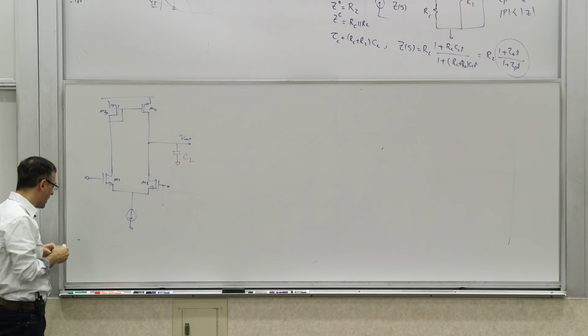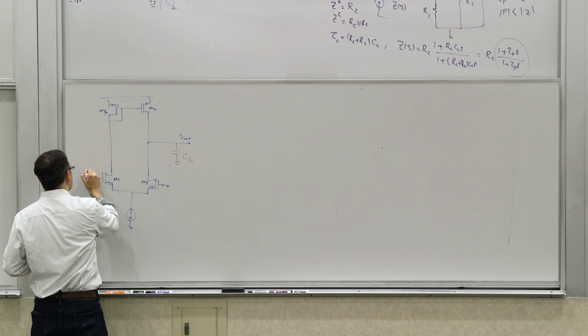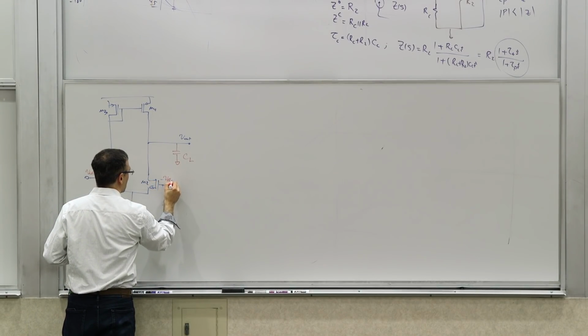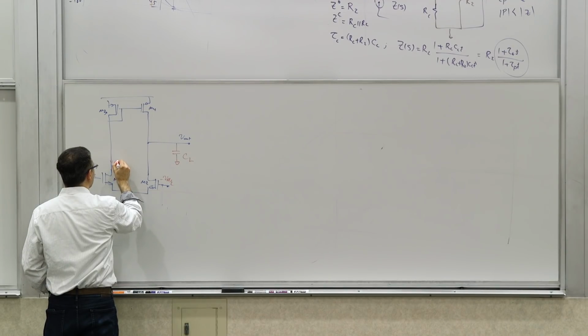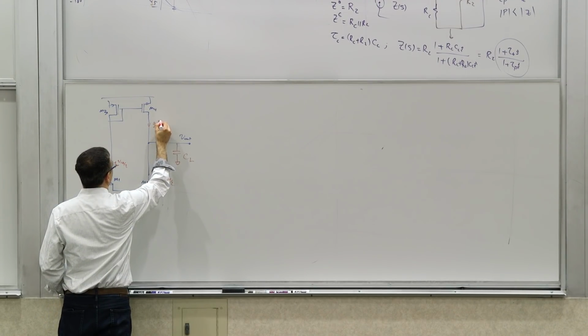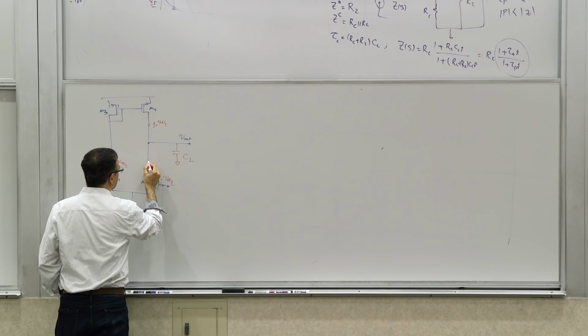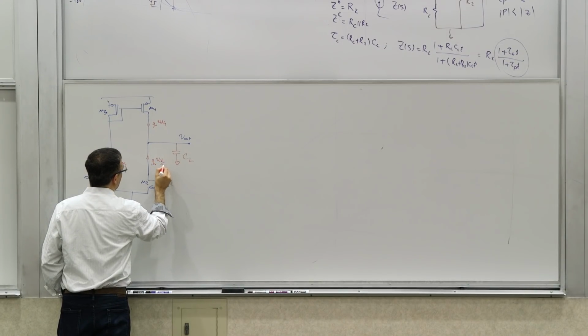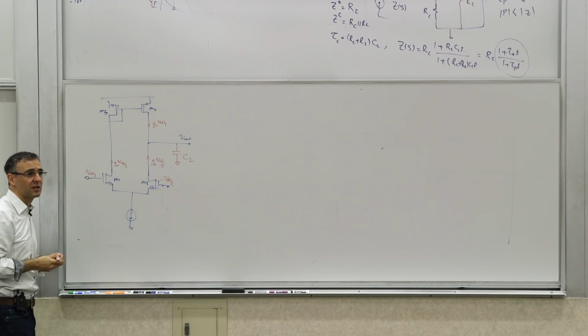The way we calculated it, if this is VID over 2 and this is negative VID over 2, this current is GM VID over 2, which makes this current GM VID over 2, and this current gets injected, it flips signs, to get rid of that minus sign, GM VID over 2. So both of them are injecting current into this node.